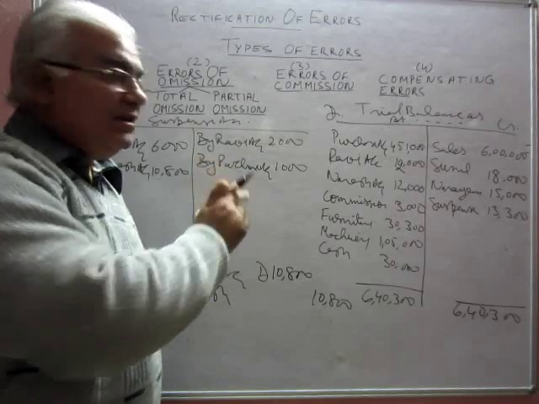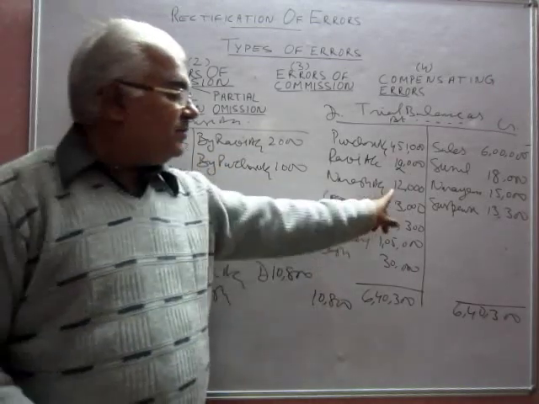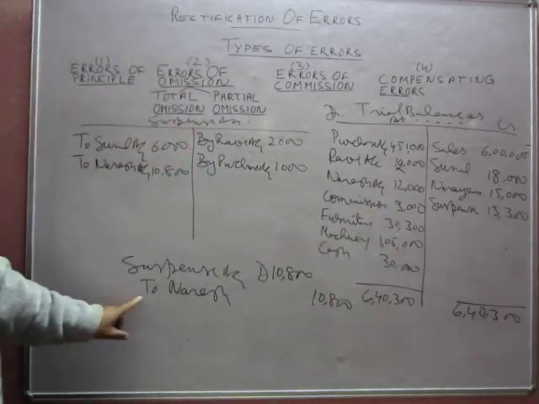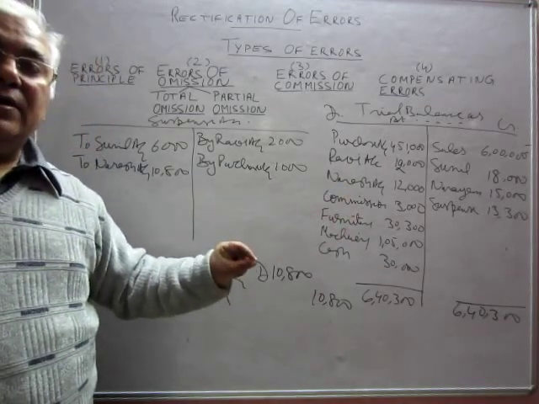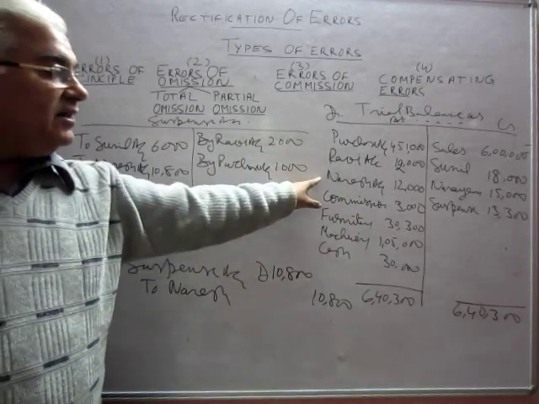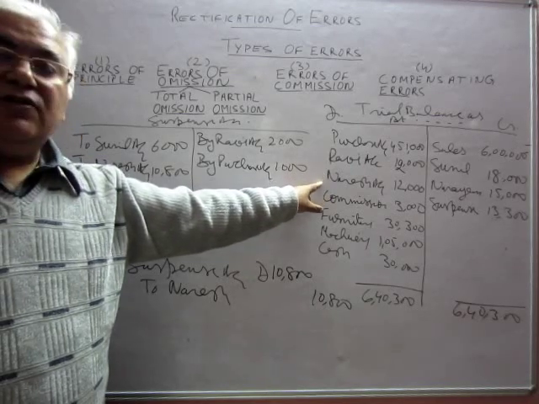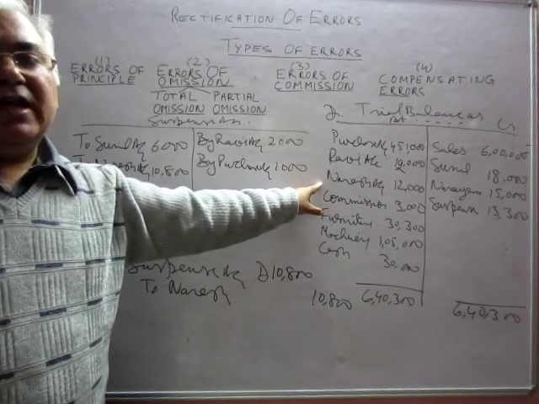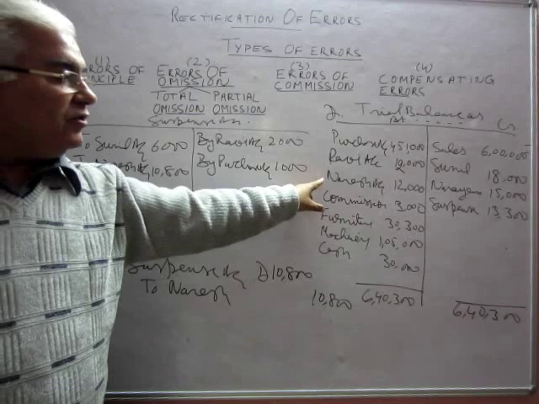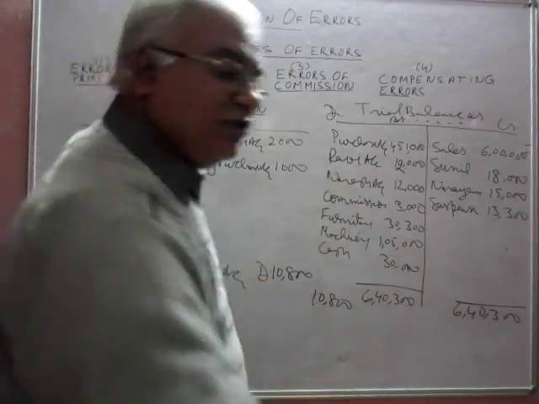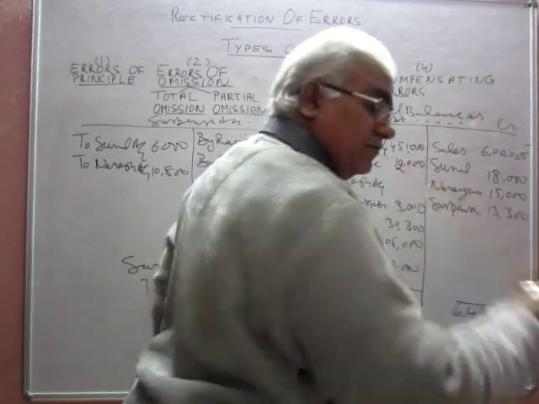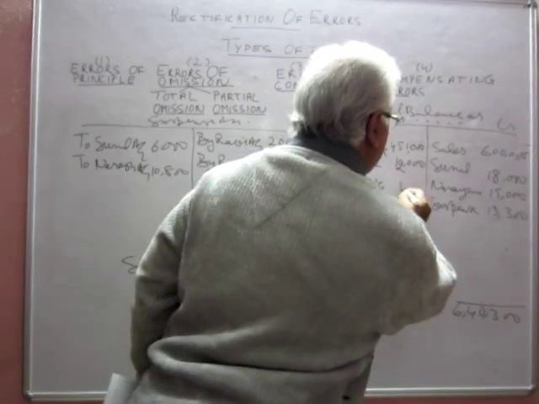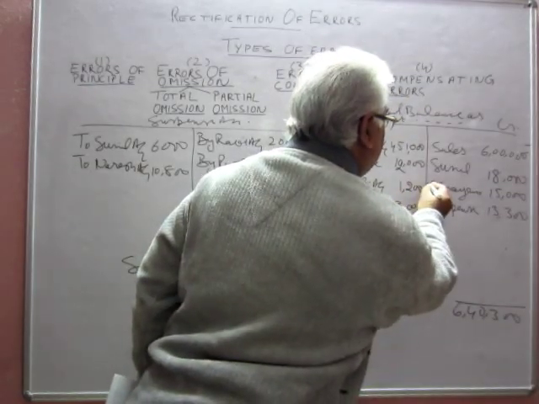So debit balance in his account is 12,000 and he is being credited here by 10,800. The net effect will be his balance in Naresh account will be only 1,200, which was actually the rightful amount. So now this 12,000 will change to 1,200. I hope this is quite clear.